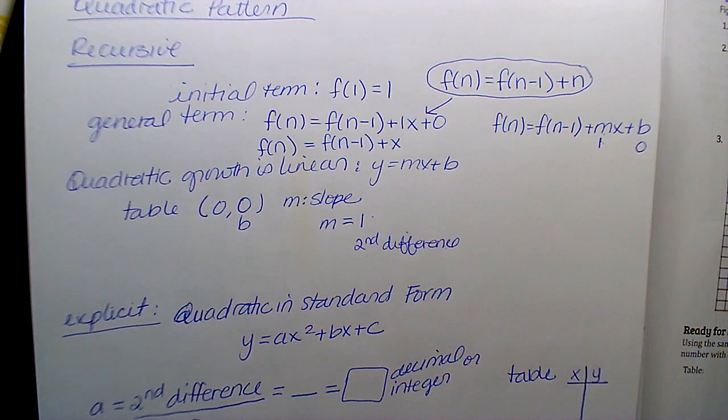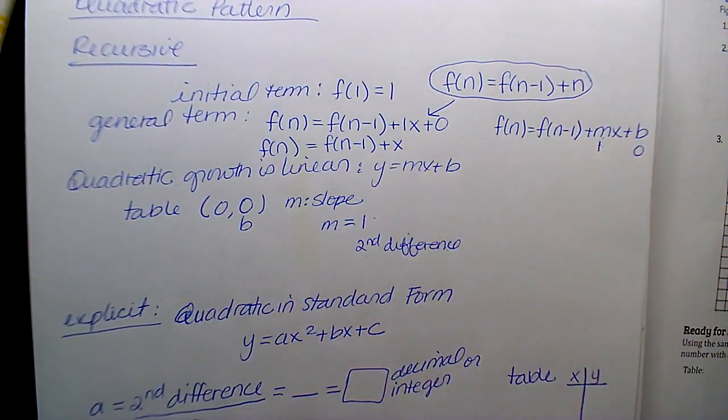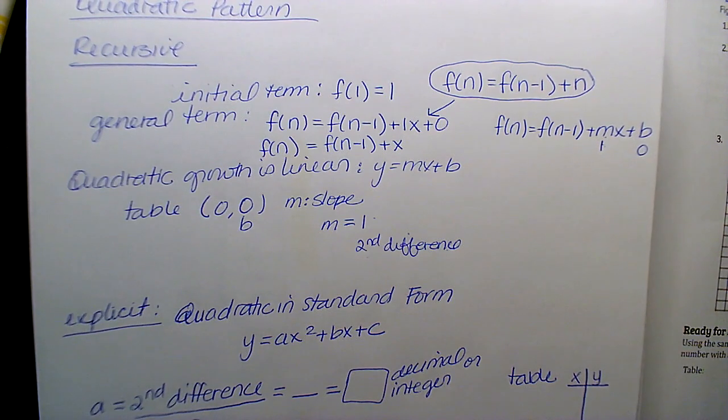I have n's and I have x's now. It'd be weird if I try to teach you the linear function and I put mn plus b. It would totally throw you guys off. You're accustomed to mx plus b. So if you give me this 1x or x, or if you move it back into the n's, just know that's ideal. You shouldn't have two variables, n and x, going in. Okay, that's it. That's your recursive.